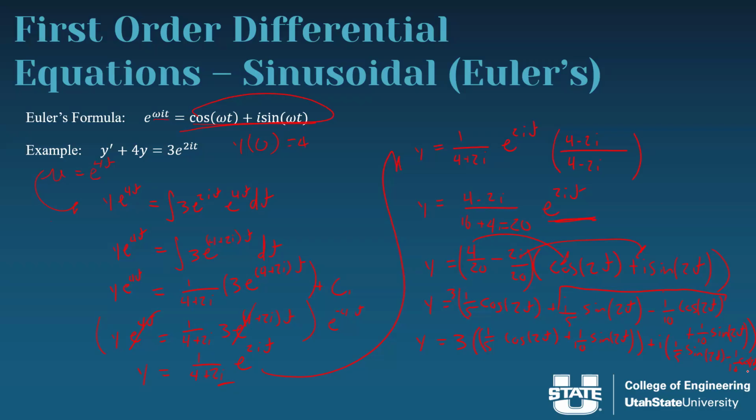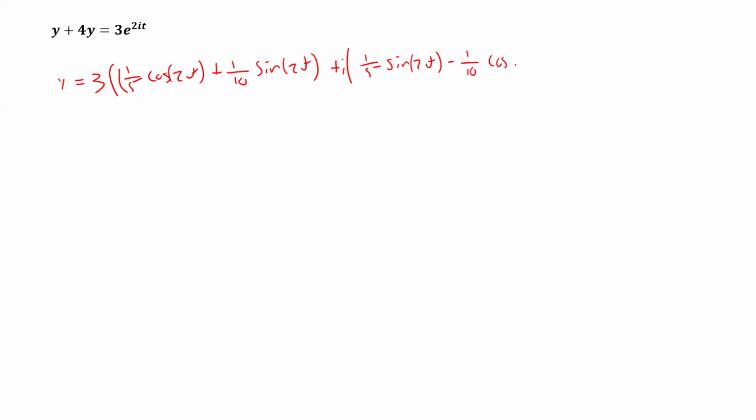I wish I could just move it over, but I don't really know how, so I will just rewrite it on this other page. So my final solution is y is equal to 3 times 1/5 cosine 2t plus 1/10 sine 2t, plus my i times 1/5 sine 2t minus 1/10 cosine 2t.